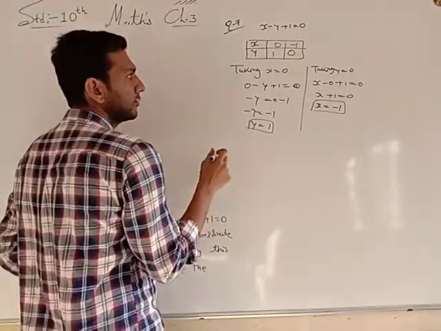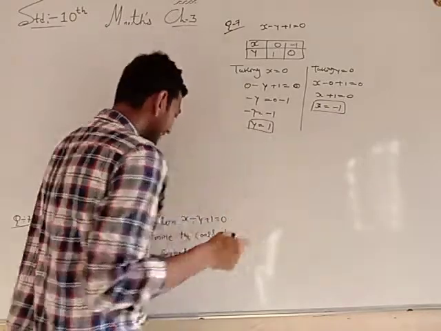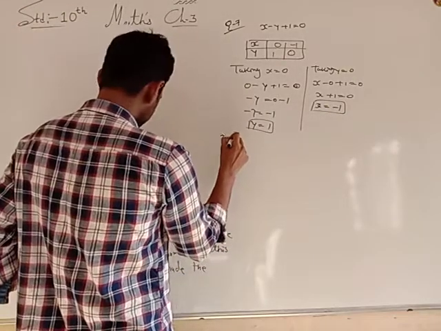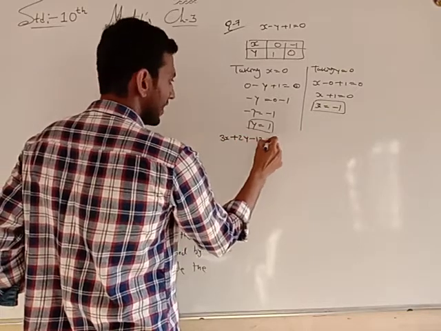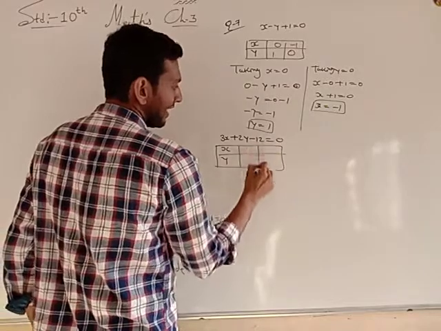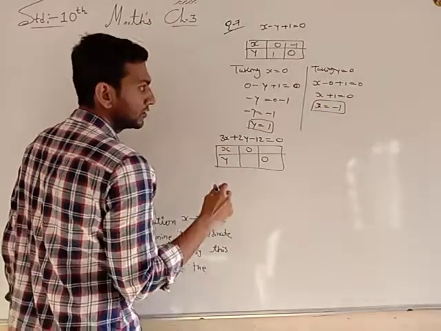Now taking the second equation. What is the second equation? The second equation is 3x plus 2y minus 12 is equal to 0. x and y. Taking x is equal to 0, taking y is equal to 0.